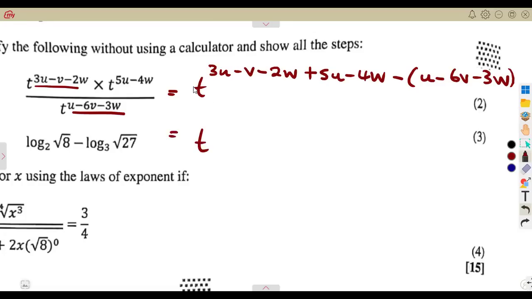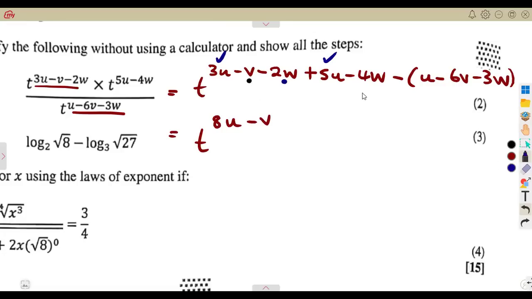We can even expand the brackets, but collect like terms here before that, which is important. So let's collect like terms, 3u and 5u. That is going to be 8u, minus v. There is only minus v there, so it's just going to be minus v. Let's move on to w.